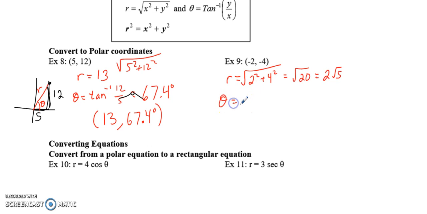Theta. Y is going to be your opposite each time. And then your x is your horizontal because it's to the x-axis. Your adjacent, sorry.